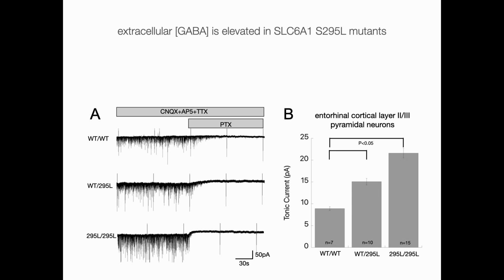I'm not going to go through the logic, but what we can conclude is that in the heterozygous mutant animals, GABA levels in the extracellular space of the brain are increased by about 70%, and in the homozygous mutants, they're a little more than double. That's a kind of mundane answer, but I think it's really important. It means that although it seems like a big effect for GABA to be increased by about 50%, it's actually a pretty modest effect.